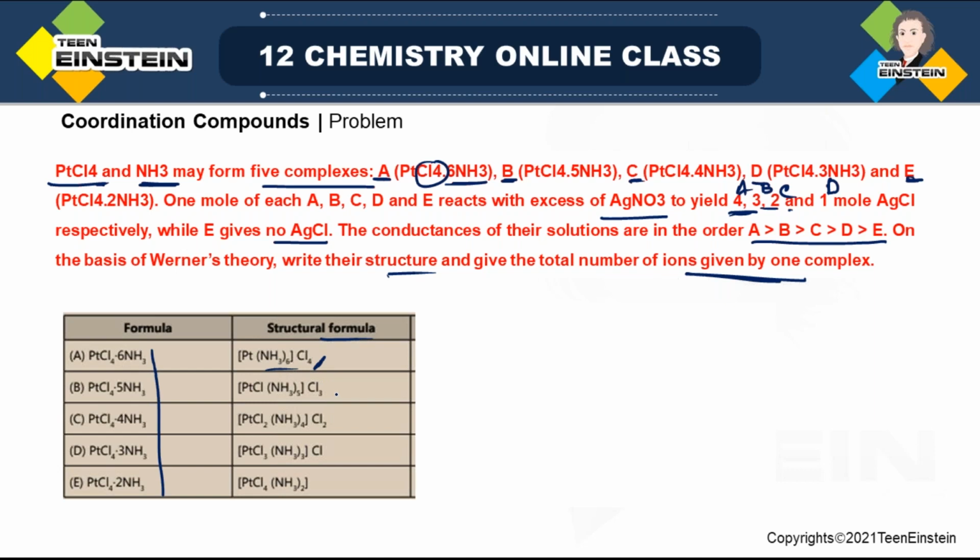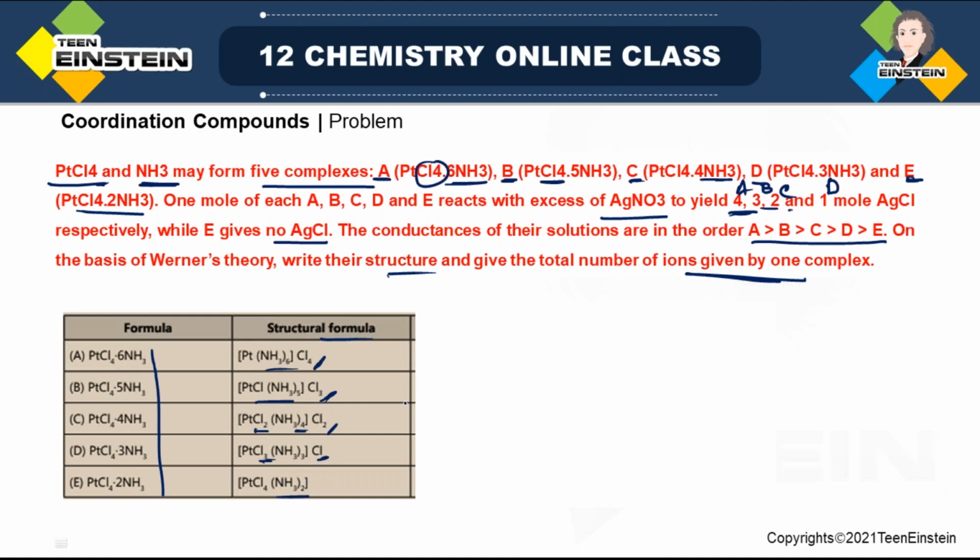Then from B you are getting 3 moles of AgCl, so 3 Cl outside, but 1 Cl will be inside, so now the formula is like this. From C you are getting 2 moles of AgCl, so 2 chlorines will be inside and 4 ammonia is there. Then 1 mole AgCl, so that is the formula. And for E you are not getting any AgCl, so outside the coordination sphere there is no Cl. So you have 2 ammonia and 4 Cl. This is the formula, right? So this is the structural formula.